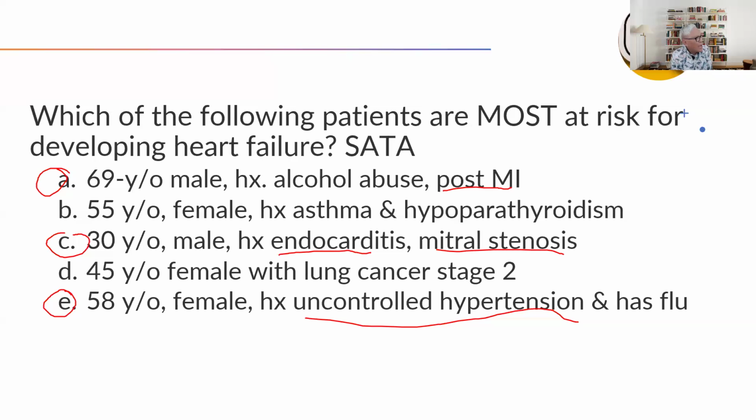All right. So the answers to this question is actually options A, C, and E. These patients are going to be more at risk for heart failure. Remember that MI as well as valvular problems, which is letter C, and hypertension are the most common causes of heart failure.